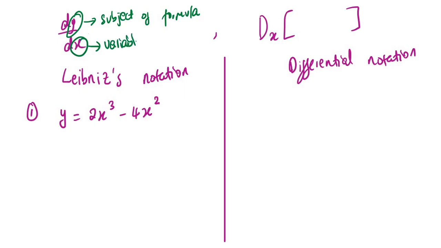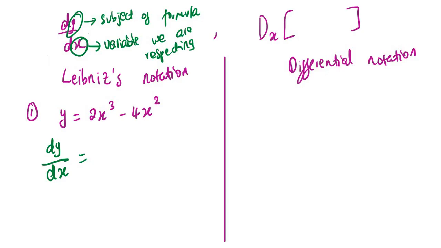So everything, we respect x. Since this is y here, I have to write dy to say the derivative of the function that has y as the subject with respect to x, because the letter there that we are respecting is x, right?